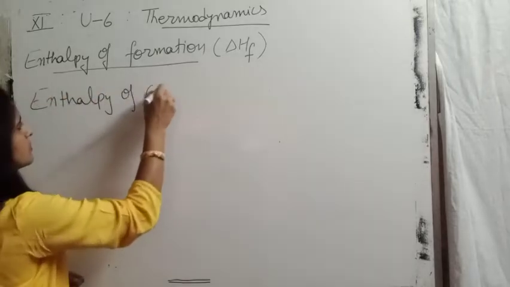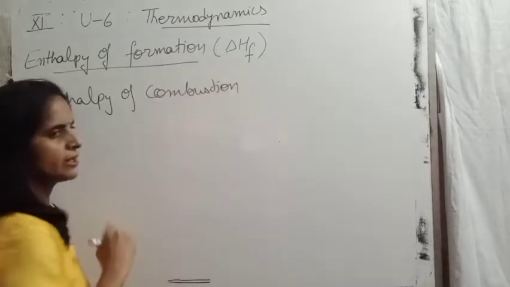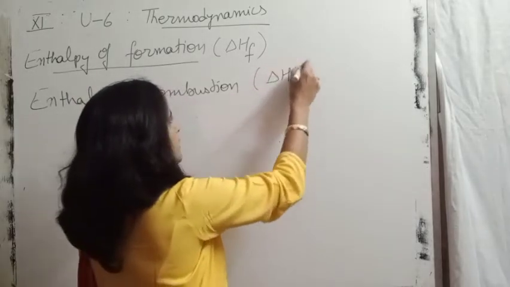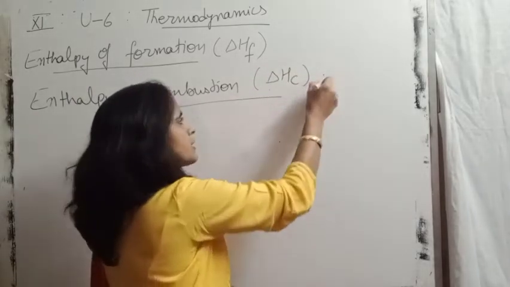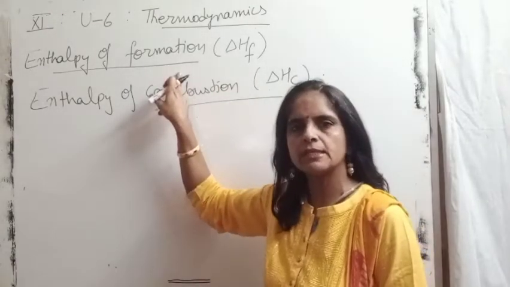Enthalpy of combustion. We represent it with the symbol delta HC. The definition is very simple, as we defined all the previous enthalpies.